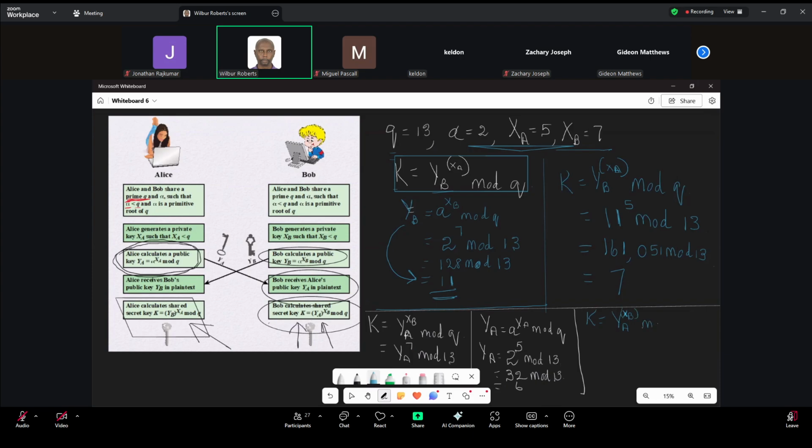Mod Q, which is equal to, so YA is 6, mod Q, mod 13, right? So 13 into 6 is 0, remainder 6.